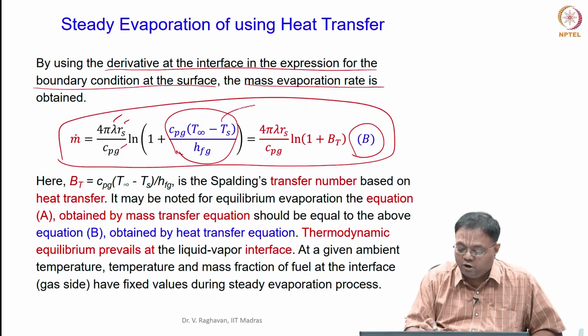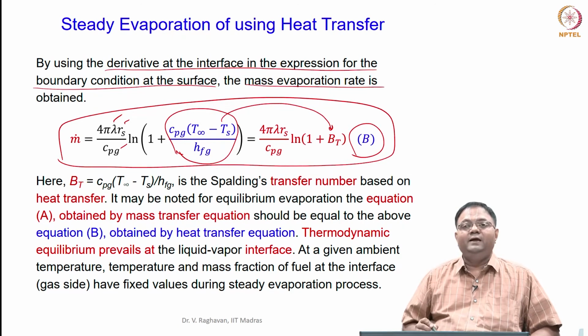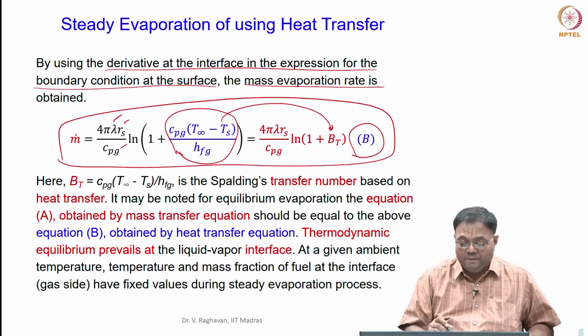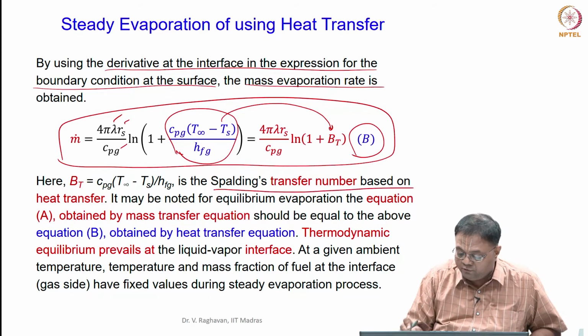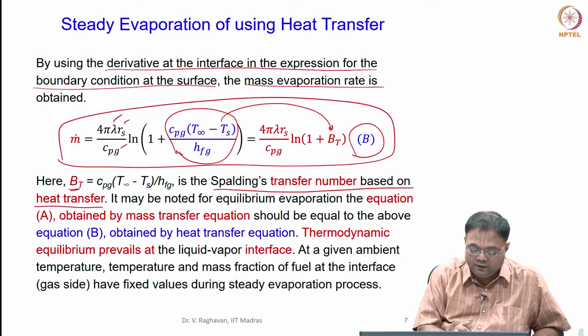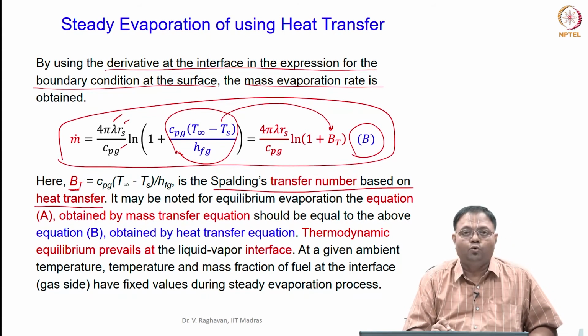This is called B suffix T, the Spalding transfer number based on heat transfer, which is nothing but Cpg into (T infinity minus Ts) by Hfg. This is actually a ratio.